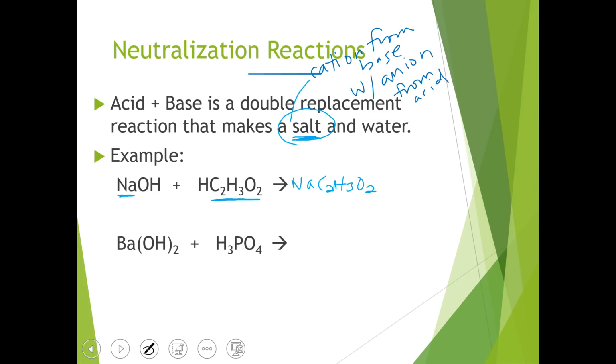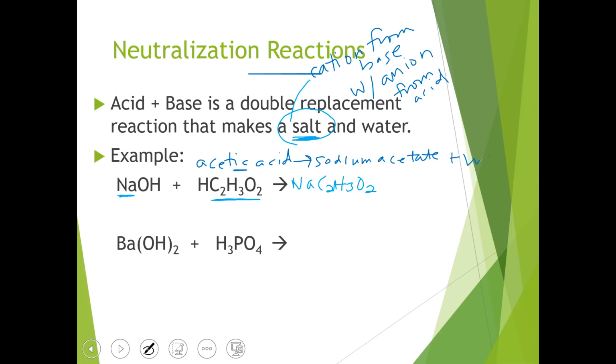So you've got to be able to look at acid names, like this one is acetic acid. And remember, if it ends with ic and it doesn't start with hydro, the ate is thick. So we knew that was the acetate anion. So this product is sodium acetate.